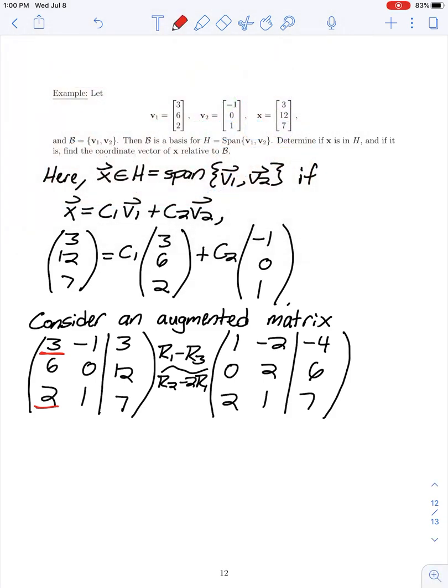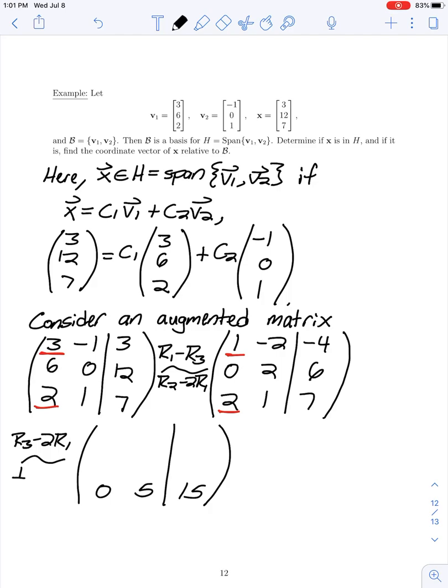Okay. So now, using this leading 1, I can eliminate the 2 that appears in that third row by taking row 3 minus twice row 1, which makes my third row negative 2 plus 2 is 0, 4 plus 1 would be 5, and then 8 plus 7 is 15.